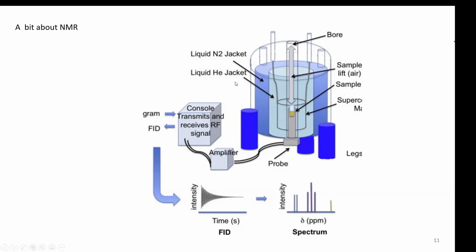And then the liquid helium is inside liquid nitrogen. The purpose of liquid nitrogen is to make sure the temperature of the liquid helium is low, and that the evaporation of helium is relatively low. So the boiling point of liquid helium at 1 atmosphere pressure is roughly 2 or 4 Kelvin.